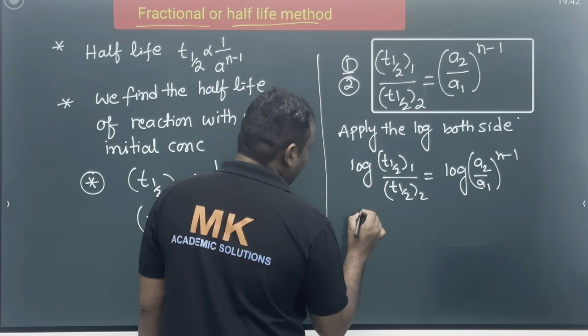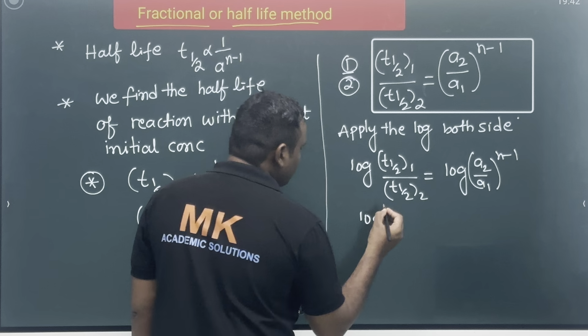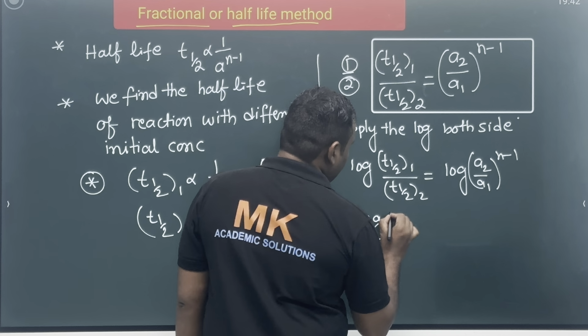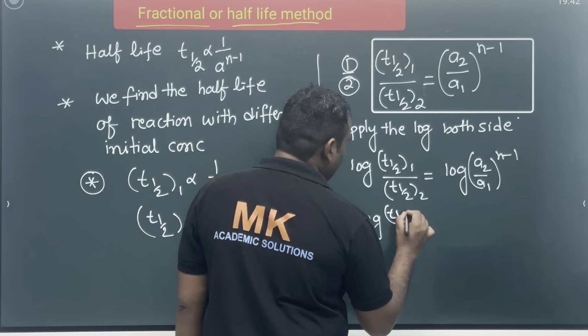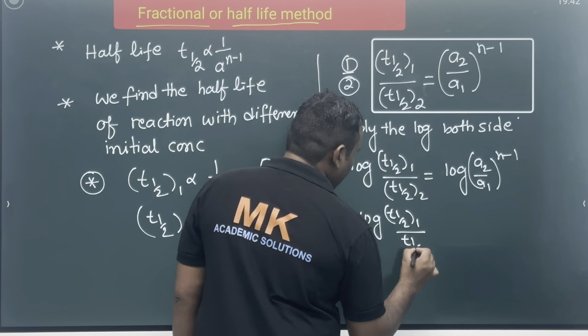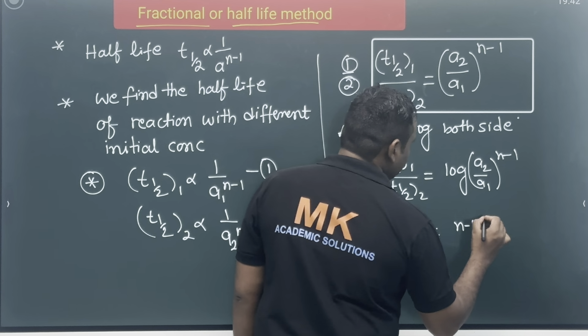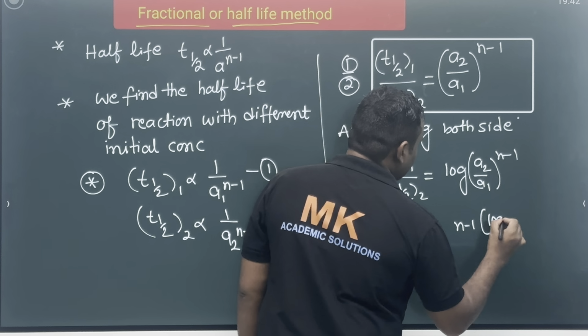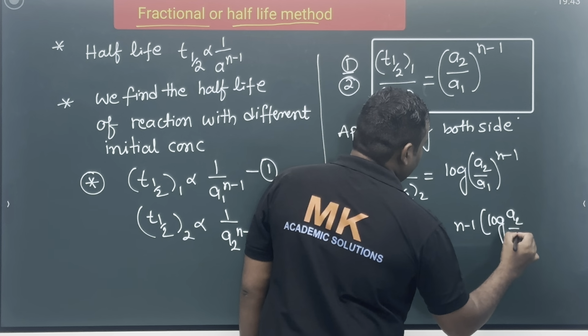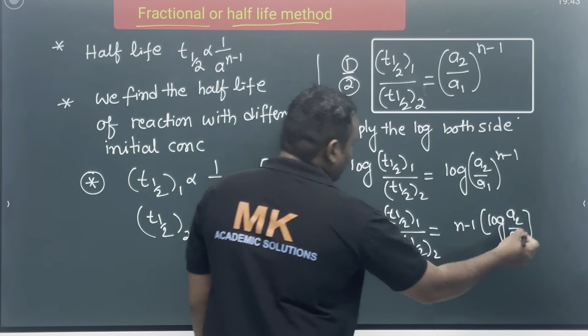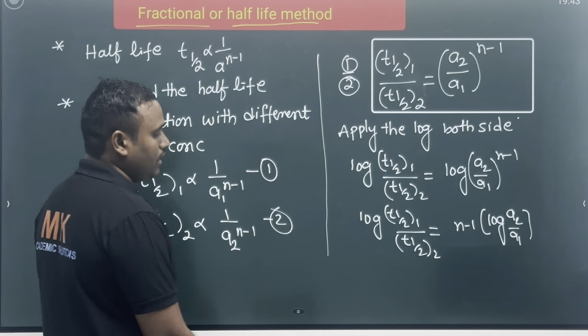So we can write this as log of t half 1 by t half 2 is equal to n minus 1 times log of a2 by a1. Now you send log a2 by a1 to this side.